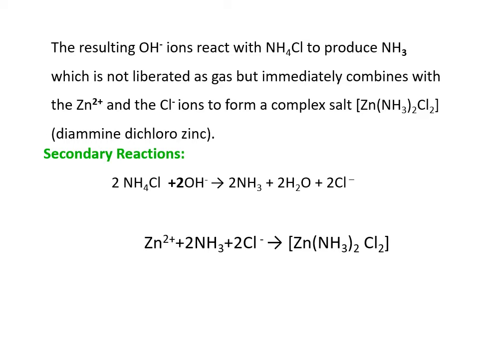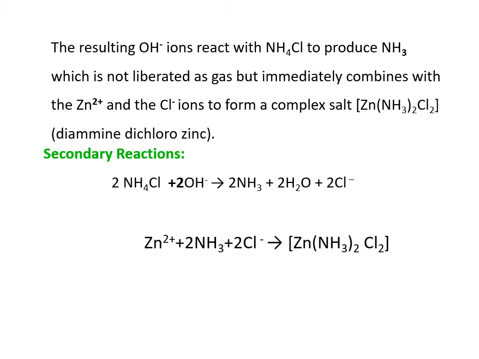The resulting OH minus ions react with NH4Cl to produce NH3, which is not liberated as a gas but immediately combines with the Zn2+ and the Cl minus ions to form a complex salt, Zn(NH3)2Cl2, which is a diamine dichloro zinc salt.